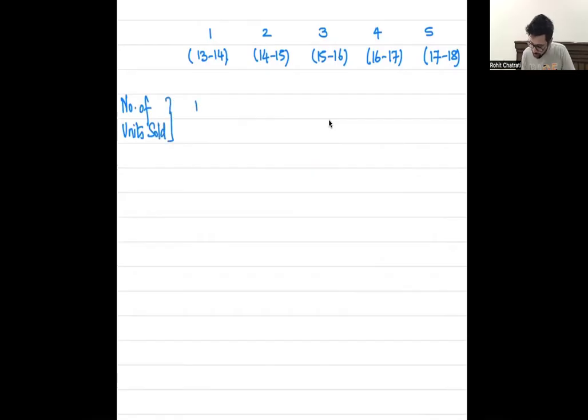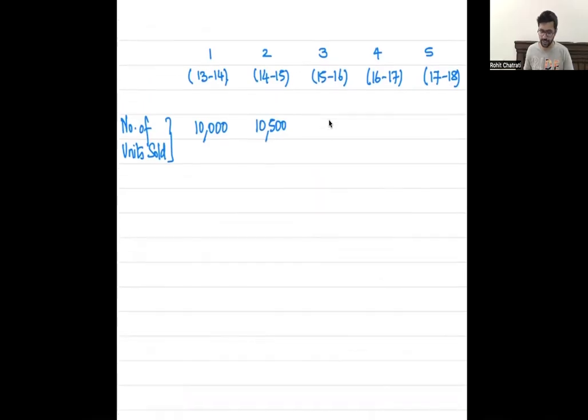will be 10,000 for the first year. It will increase by 5%, so it will be 10,500 for year 2. That will increase further by 5%, so it will be 10,500 into 1.05, which is 11,025. That will further increase by 5%, so it will be into 1.05, which is 11,576.